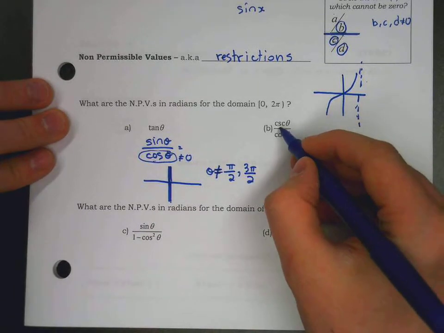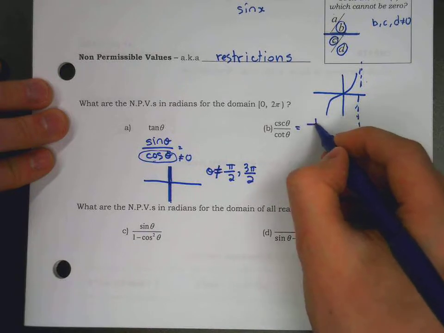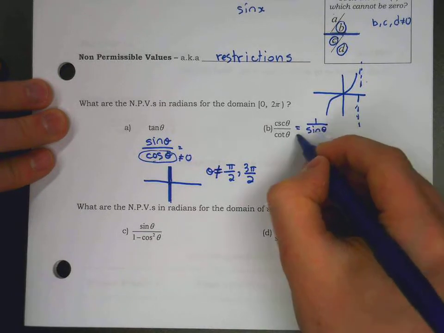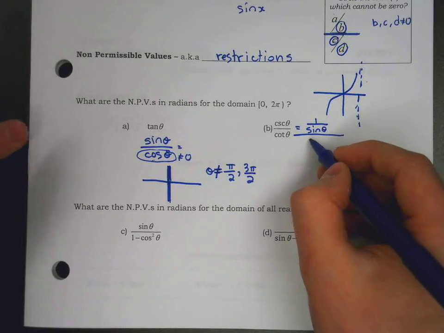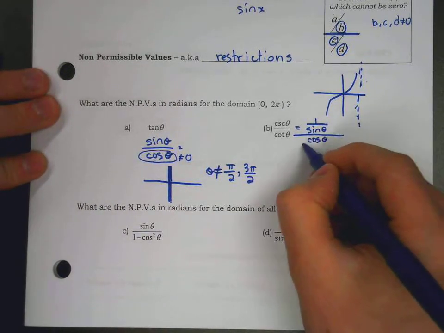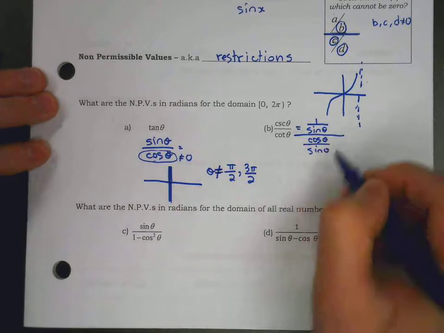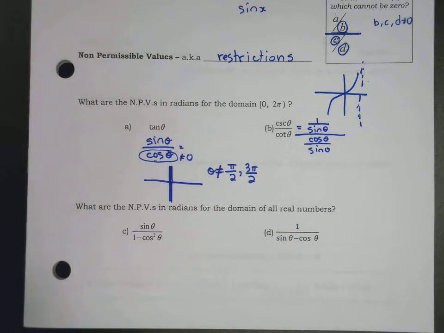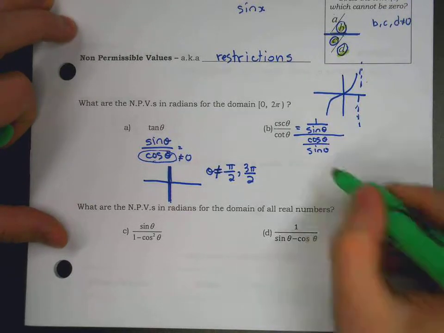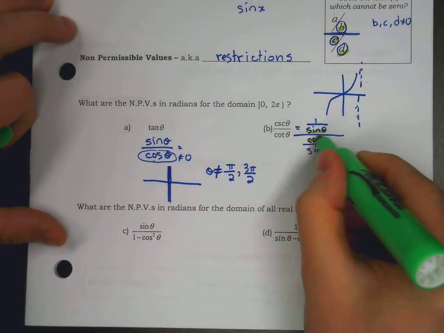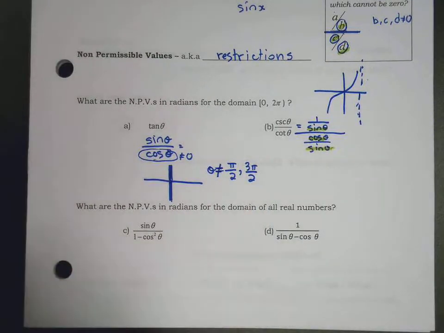When we start talking about cosecant, we're talking about 1 over sine of theta, which is dividing by sine, and cotangent, which isn't sine over cos, but cos over sine. Referring back to which of these is in a denominator position, sine can't be 0, cos can't be 0, sine can't be 0.